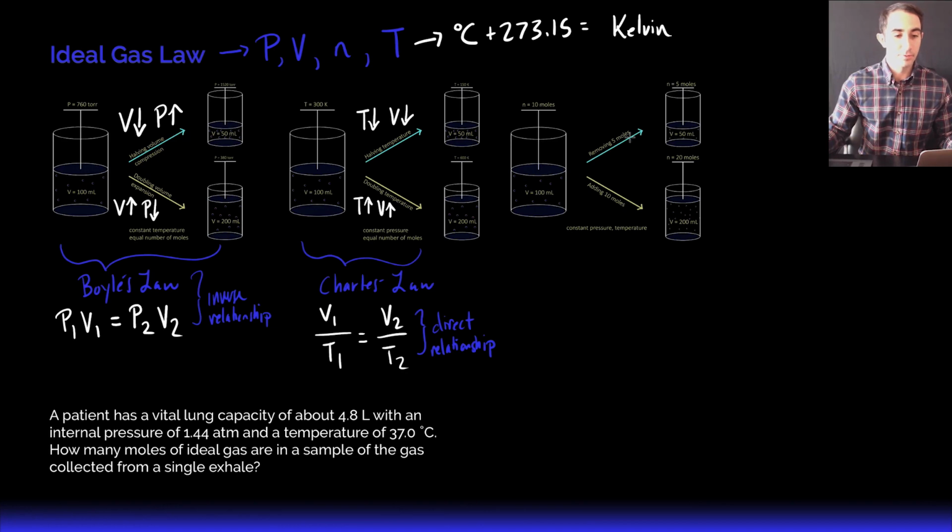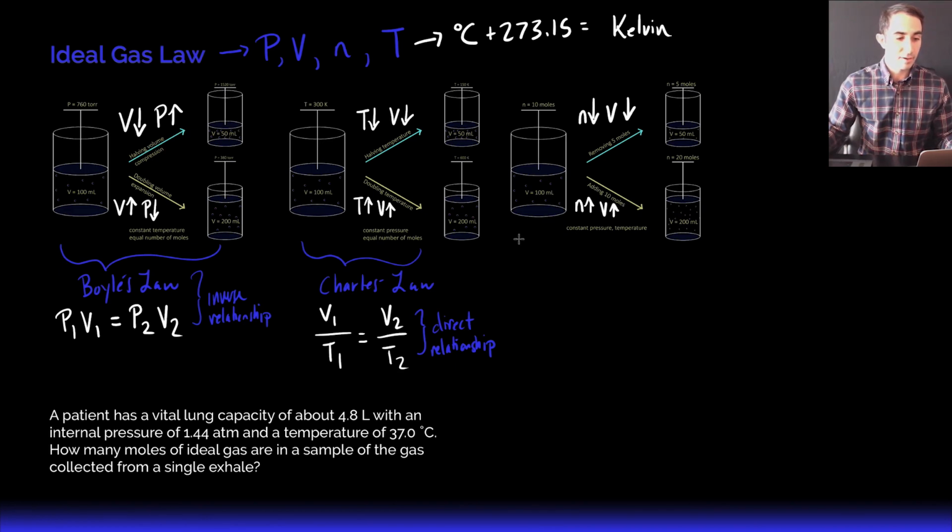When we removed 5 moles, which would be half the amount that you have here, your volume cut in half. So as N goes down, volume goes down. But if we added 10 moles, that would be doubling the amount that we had in this initial container. Our volume doubles. So N goes up, volume goes up.